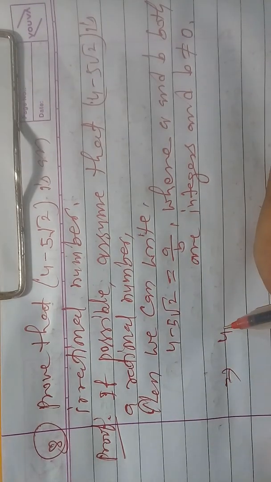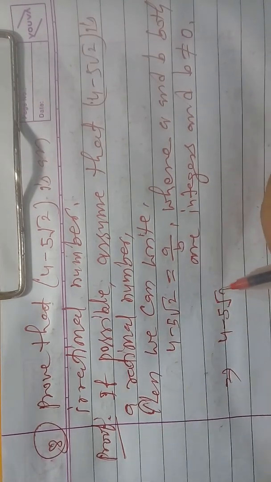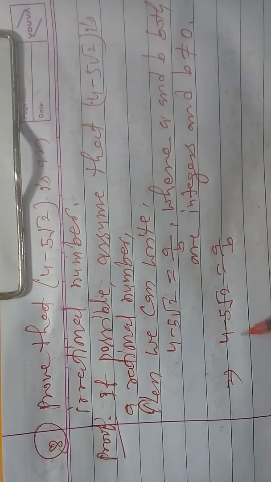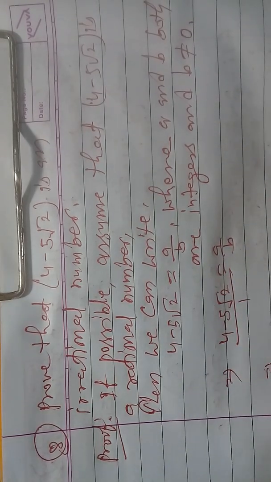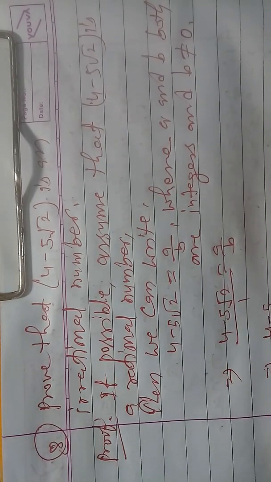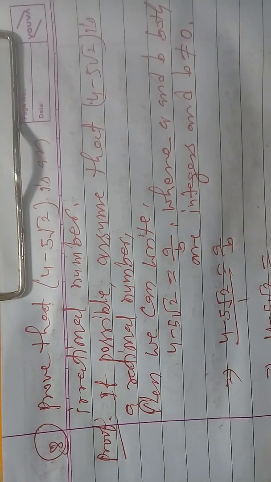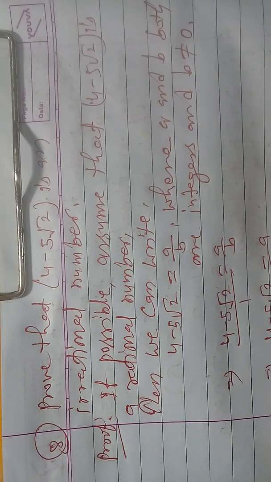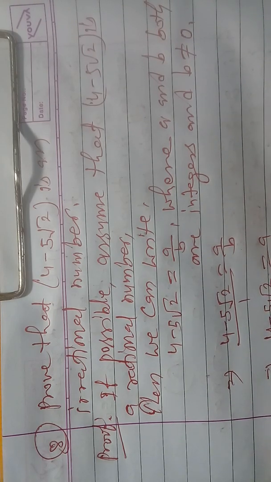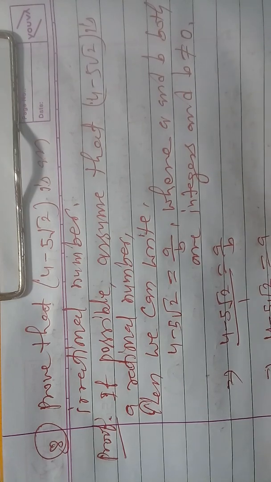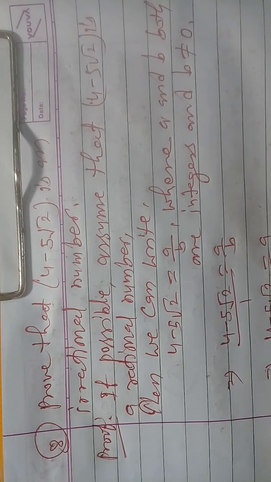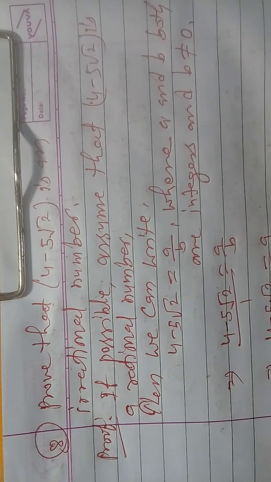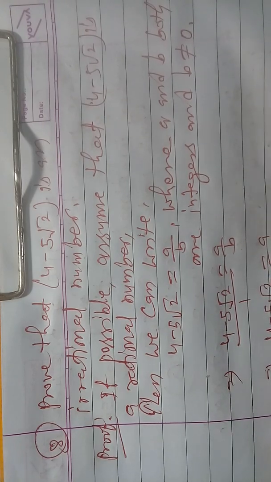Cross multiplication gives 4b minus 5b root 2 is equal to a, which implies 4b minus a is equal to 5b root 2, which implies (4b minus a) by 5b is equal to root 2.